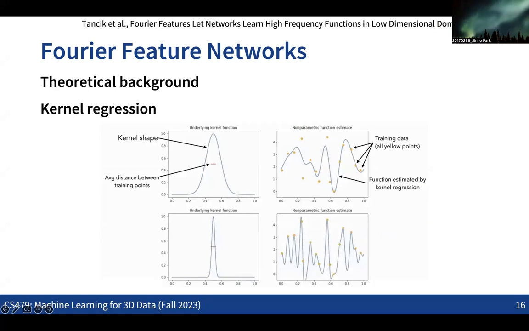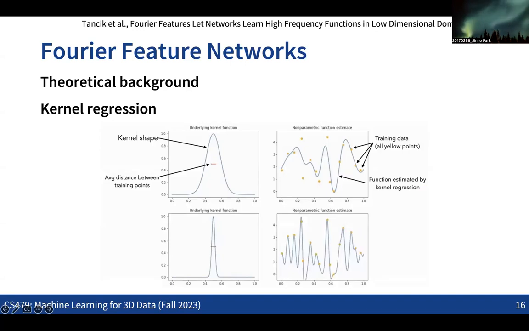We are getting a more fluctuating function in the sense that we would overfit to all the given data points, which means that when it interpolates across the data points, the values that we get in the interpolation may not be accurate. So there are pros and cons.